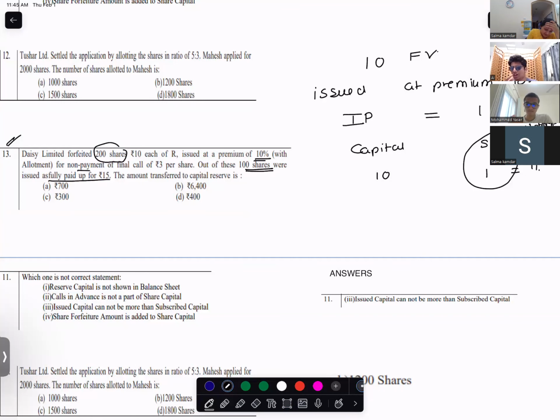I have forfeited these shares for non-payment of final call 3. So final call was how much? 3. So total amount received was how much? Out of 11, 3 I have not received, so the total amount received is 8.